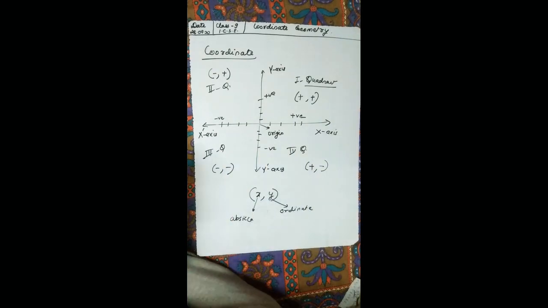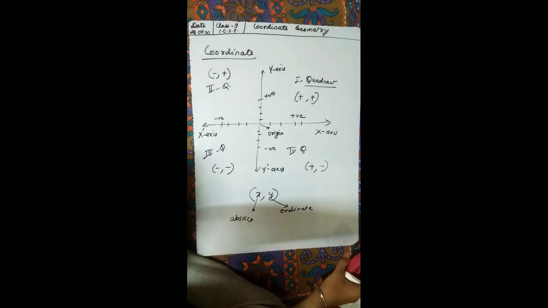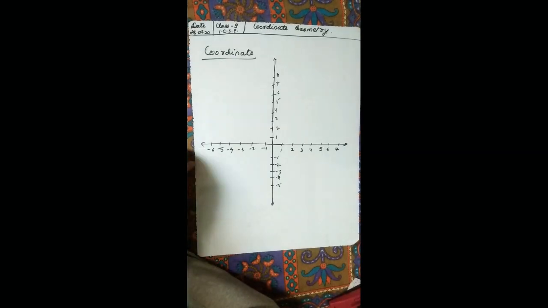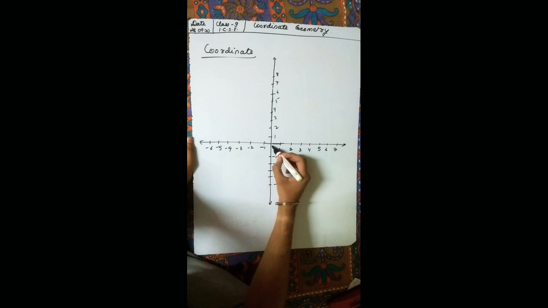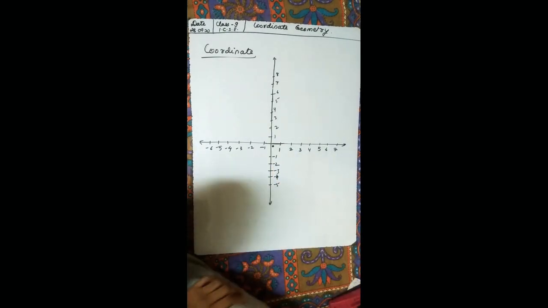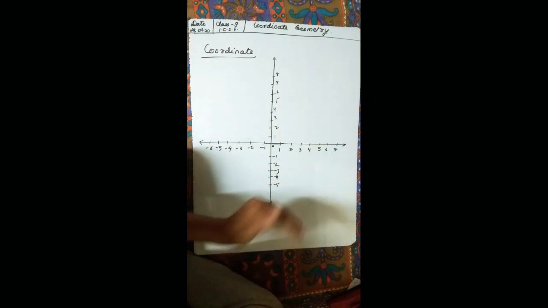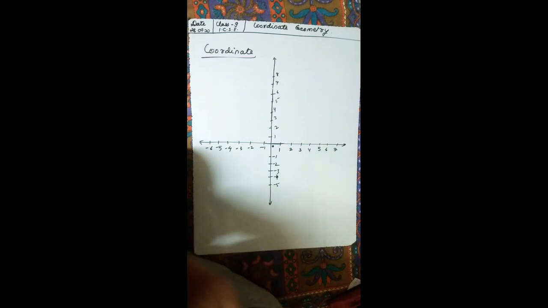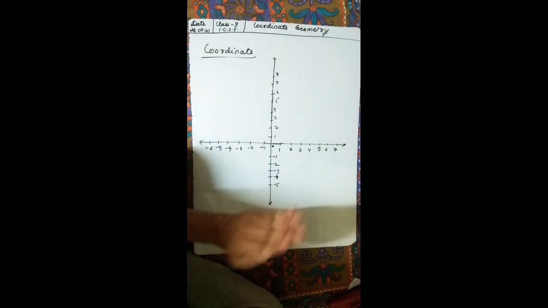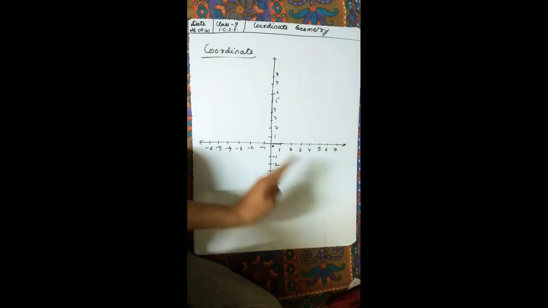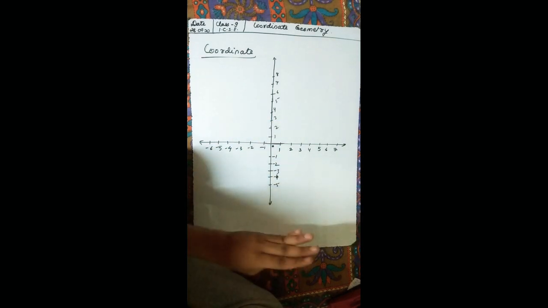Now let us plot points. Here is your graph. You need to purchase a graph copy for this chapter. I request each and every student to please purchase one and do the questions on that graph copy.